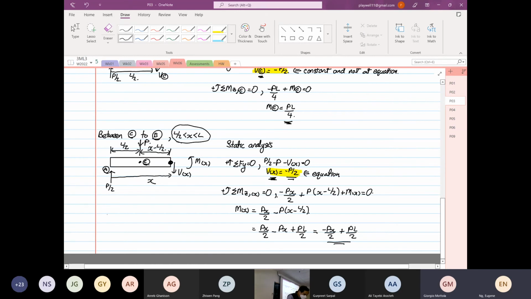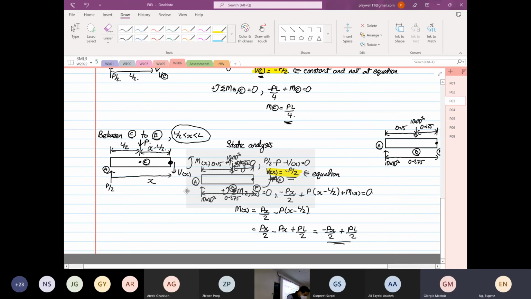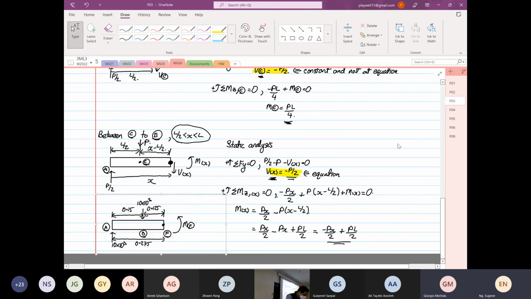This is on page 3. I'm going to paste. If you look at all these diagrams, they're similar, yes or no? Nothing changed. This is what we have just drawn, this is what we had before. It's very similar, but now the numbers are different. Yes or no?